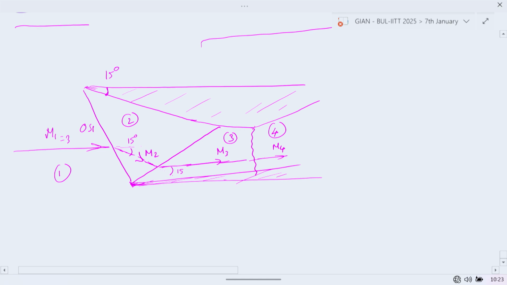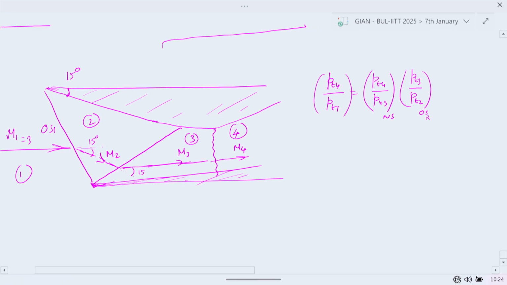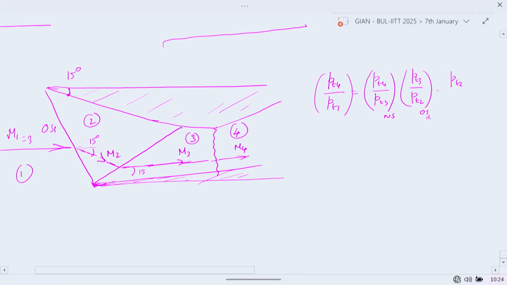Question number 1. What's the overall pressure ratio? What is PT4 by PT1 for the overall system? That will be PT4 by PT3 for the normal shock, times PT3 by PT2 for the oblique shock that is reflected, times PT2 by PT1 for the oblique shock 1.